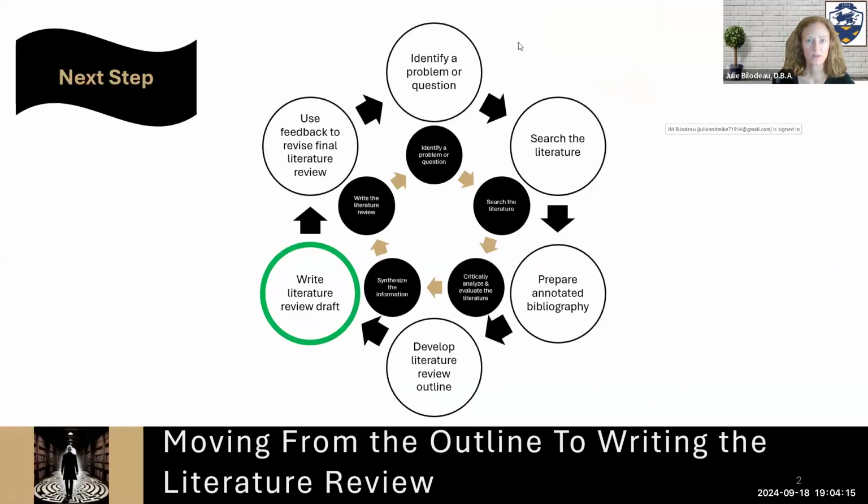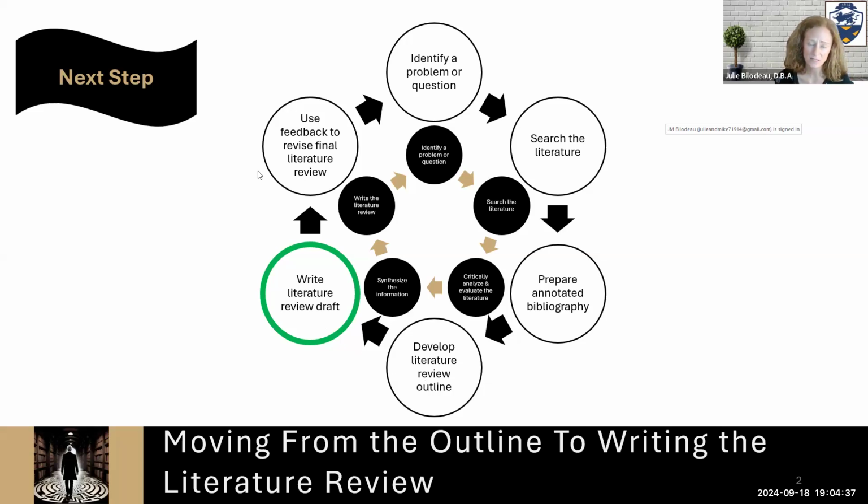All right, so this is the actual process that we are following. Identify the problem or question, which we already know those are prescribed in this course. And then searching for the literature you've already completed, annotated bibliography, developing the literature review outline. All of these steps are already completed. So we are here at writing the literature review draft.